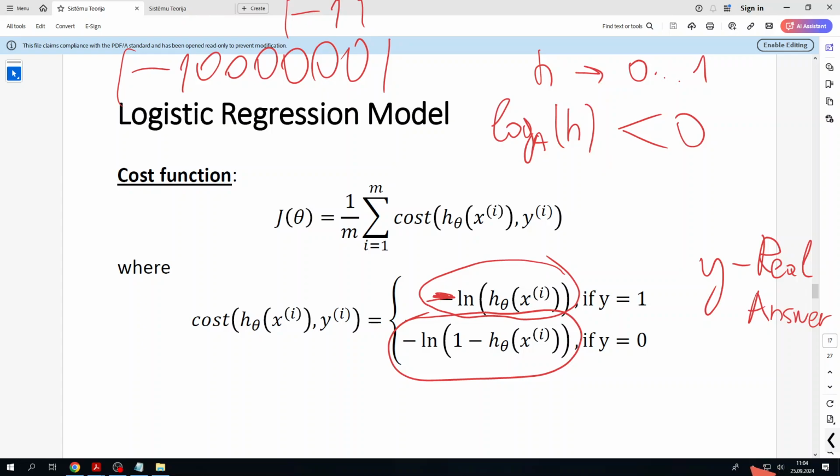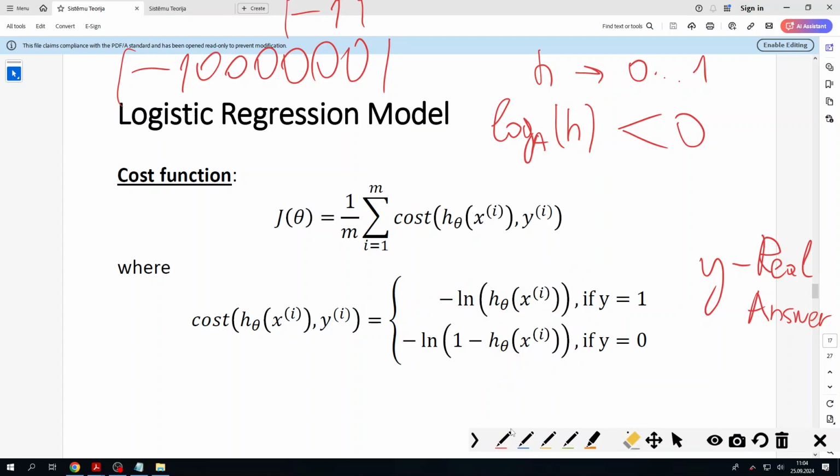And as to what changes here, it is quite simple, really, yes? So when you try to predict 0, you take the opposite event.